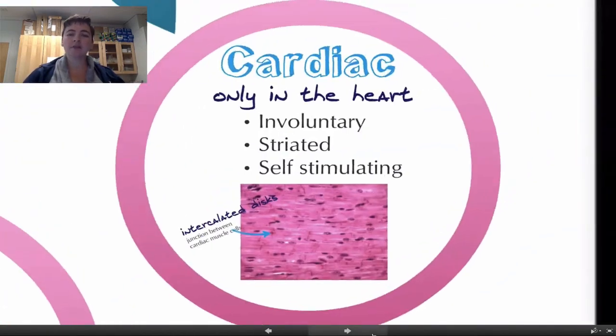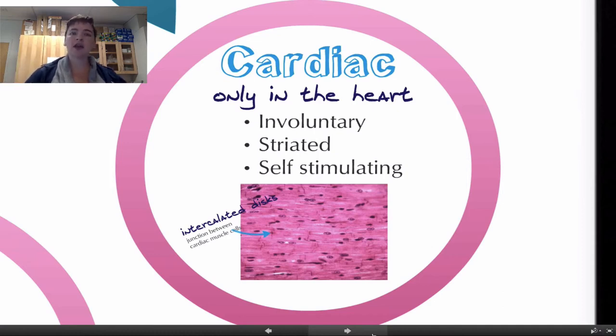And then the last type of muscle is cardiac. Cardiac is only found in the heart. The thing that's special about cardiac is that it is self-stimulating, so it does not need a nerve impulse in order to contract. It actually has its own electrical system, allowing it to contract on its own. It is involuntary, so you don't need to think about it. There's a center in the brain to take care of it.